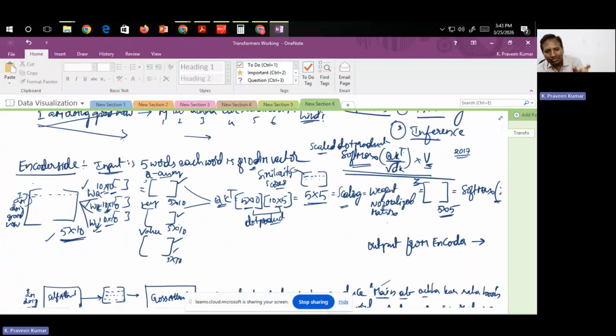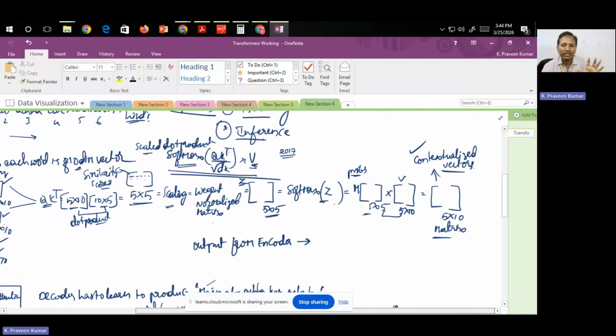Getting the word2vec vectors itself is a big deal, and after getting those, capturing the contextual relation among those words is again a big deal. Here Vaswani has attained a great thing by doing a simple dot product operation in parallel. Basically the matrix multiplications he has performed.